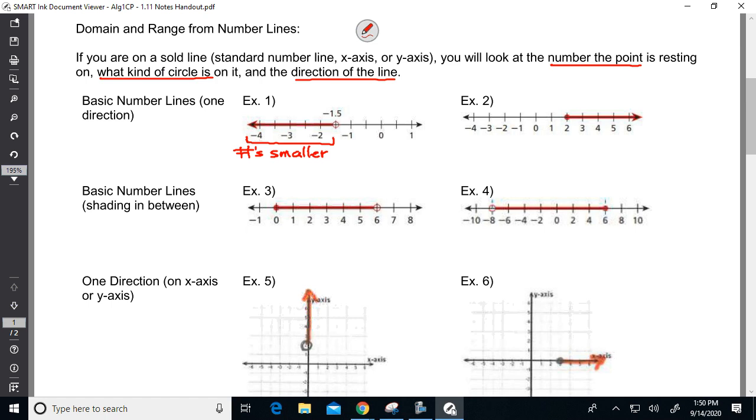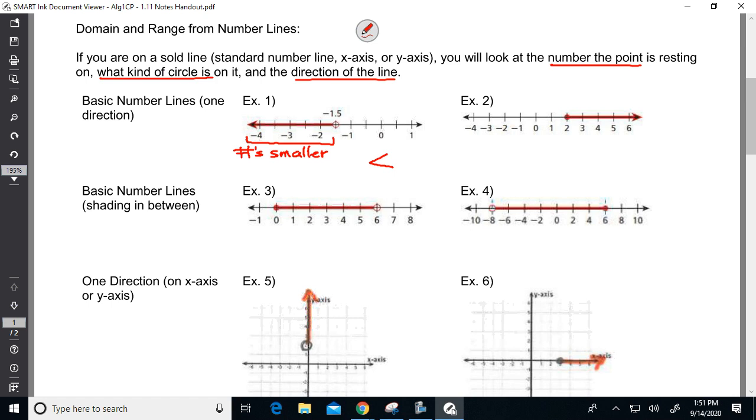So that tells us we're going to be using the symbol less than. Since it's an open circle, -1.5 is not included. If it was a closed circle, it would be less than or equal to.